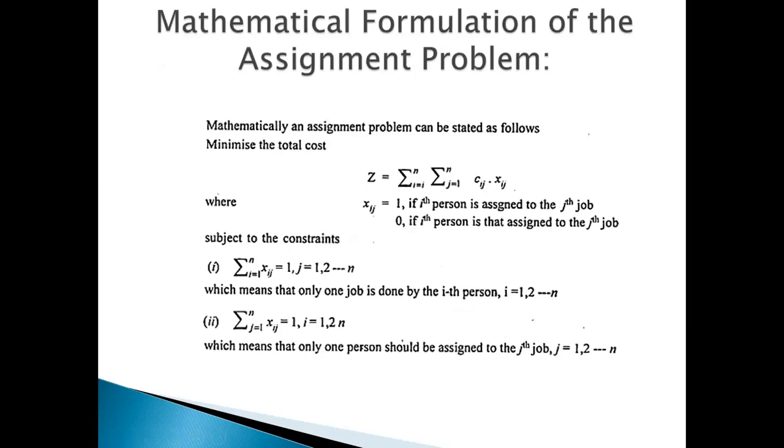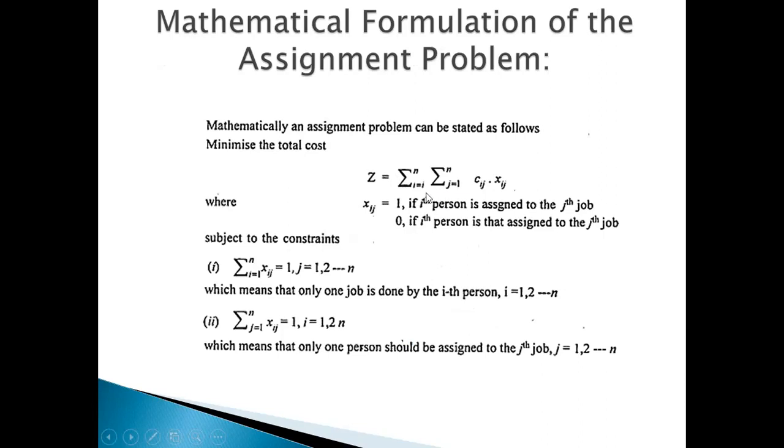The assignment problem can also be solved by using the mathematical modeling method. See here, this is the standard mathematical model equation which is given here. Minimize the total cost. So that is the objective function.